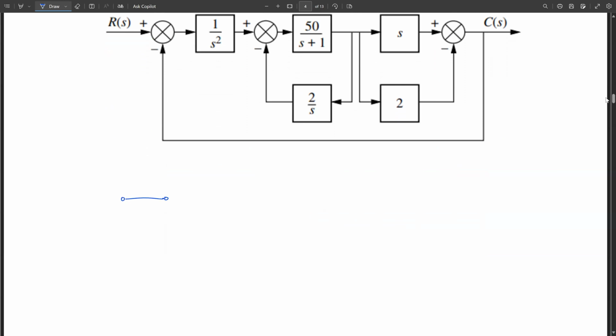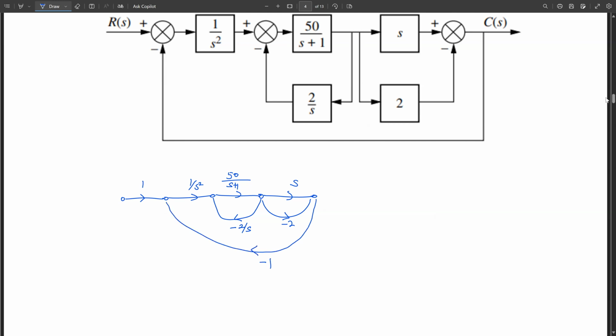Starts here. 1 over s squared, 50 over s plus 1, s, minus 1, and what of s? Your s. I'm putting everything into it.